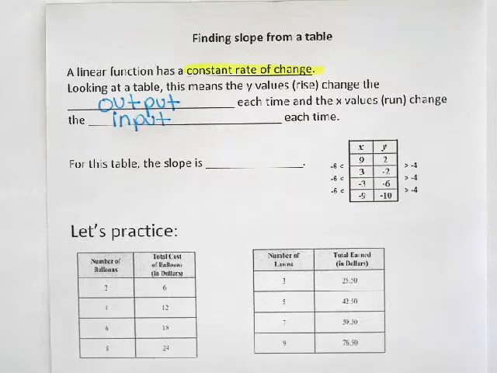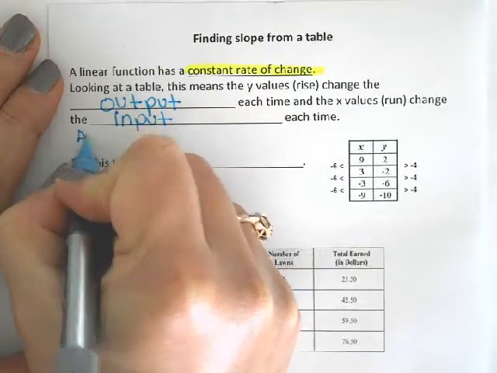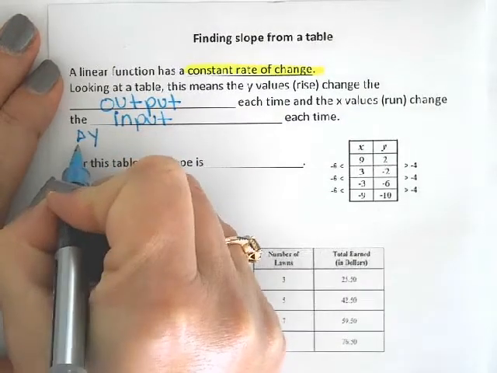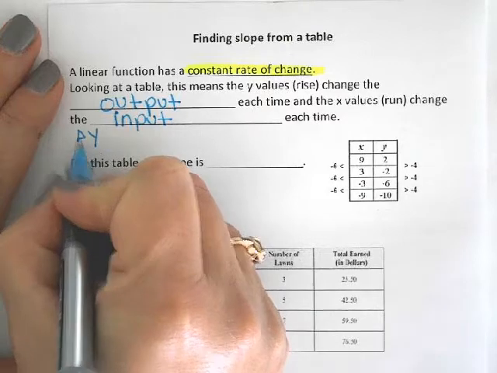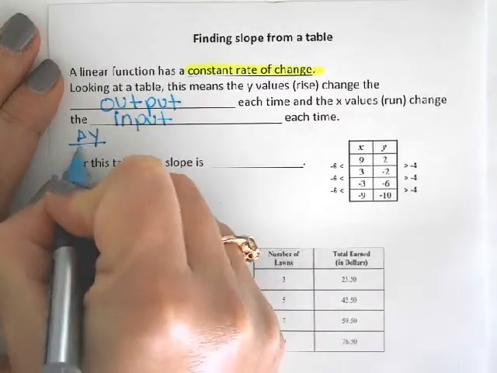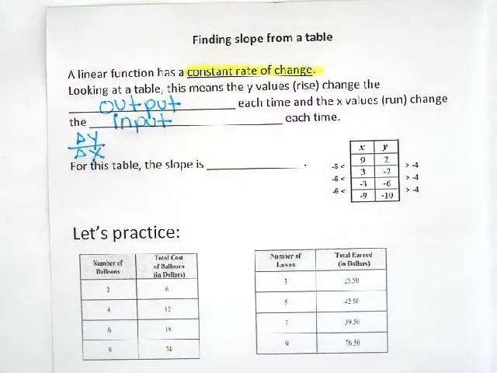So our formula, which I'm just going to write off to the side over here, is the change in y, using the little triangle, which you've also seen in science. Instead of writing the word change, it's just a little triangle. So change in y over change in x. That's the formula for the rate of change of a table or between 2 points: the change in y over the change in x.